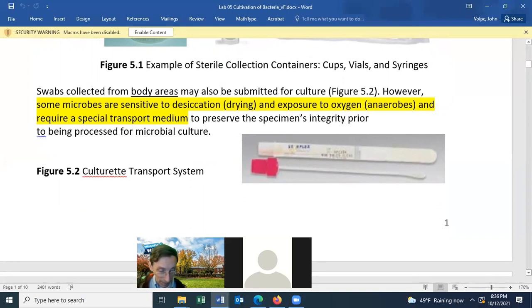And if the specimen is rare, getting the contamination in there may make it impossible for the lab to isolate what's making this patient sick. Some microbes are sensitive to desiccation, that's drying out, or exposure to oxygen, like anaerobes can't be exposed to oxygen, and therefore they require a special transport medium.